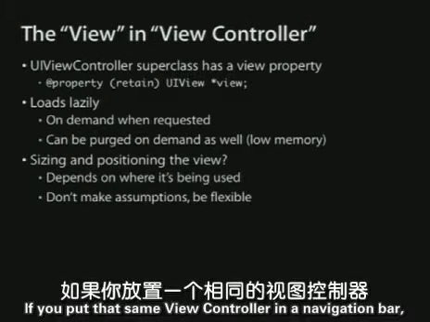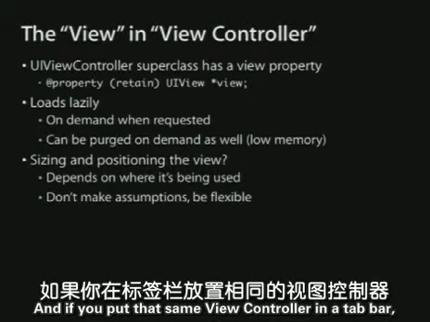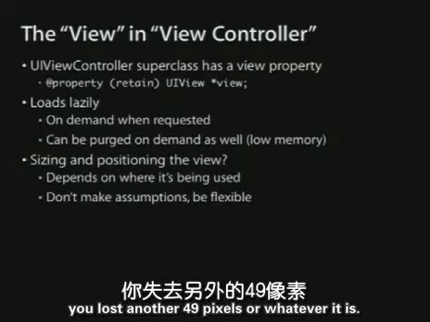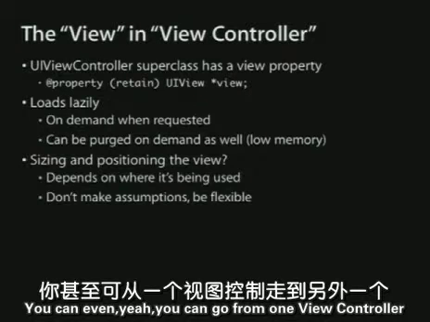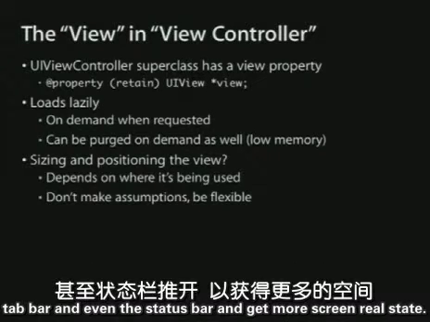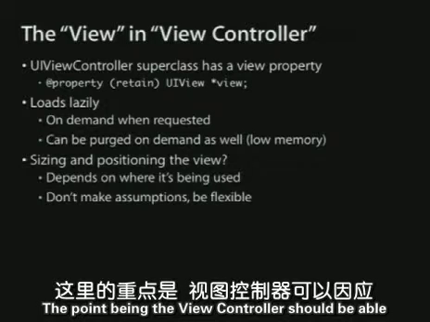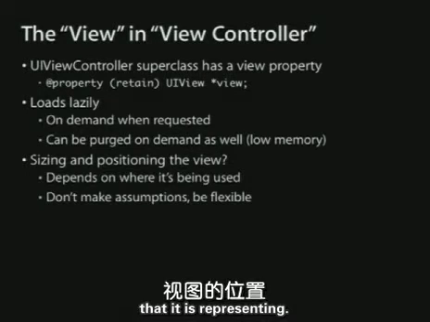If you put that same view controller in a navigation bar, well, you lost 44 pixels. And if you put that same view controller in a tab bar, you lost another 49 pixels or whatever it is. So your view controller has to be flexible in terms of size. You can even go from one view controller to the next and have the second view controller push away the tab bar and even the status bar and get more screen real estate. But the point being that the view controller should be able to reposition the views as necessary based on the screen that it's representing.